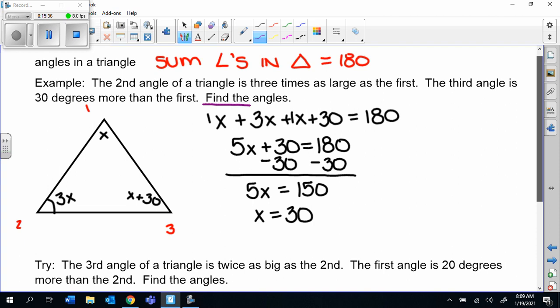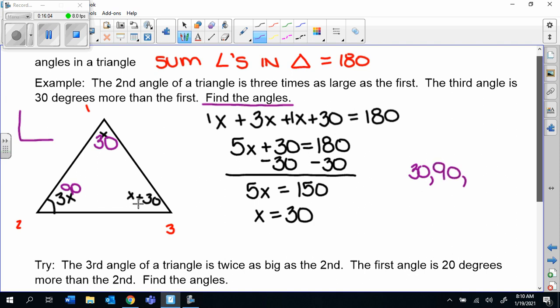So I need to find all three angles. Find all the angles. So I need to go back in and substitute it back in. And so this is just x, so this one would have a measurement of 30. 3 times x. Granted, my triangle is not to scale. Clearly a 90-degree angle looks more like that. This one, 3 times 30, would be 90.